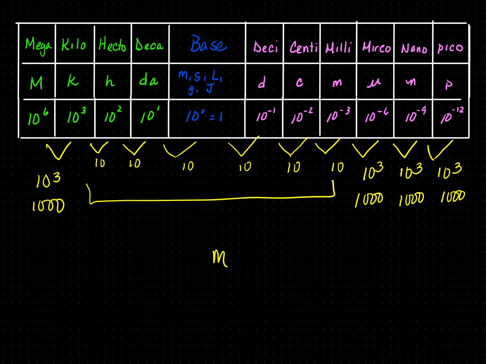If you see m by itself, it stands for meter. If you see a capital M in front of a little m, this is megameters. So here it's a prefix.